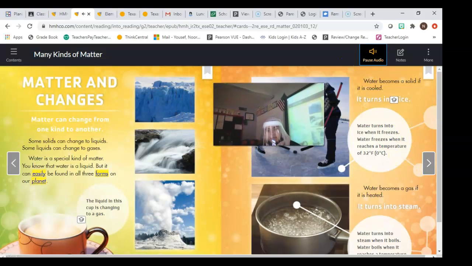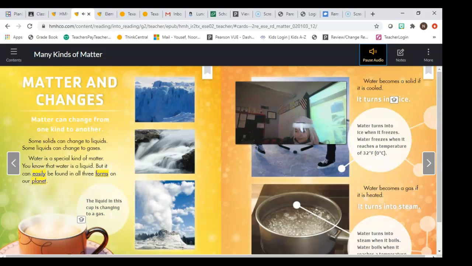Matter and changes. Matter can change from one kind to another. Some solids can change to liquids. Some liquids can change to gases. Water is a special kind of matter. You know that water is a liquid, but it can easily be found in all three forms on our planet.